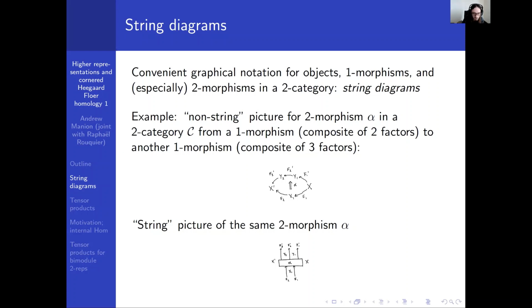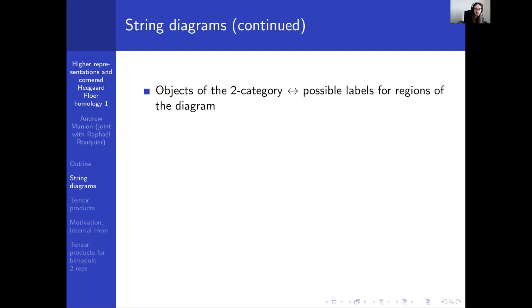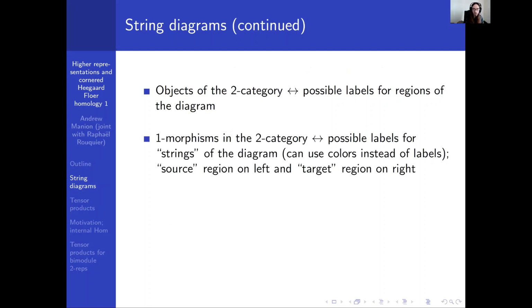But just to be a little bit more precise, if I want to represent objects or one morphisms or two morphisms in some two category in a notation like this, then I'm going to have a set of possible labels I can put on regions in the diagram, and the possible labels are going to be objects of the two category.